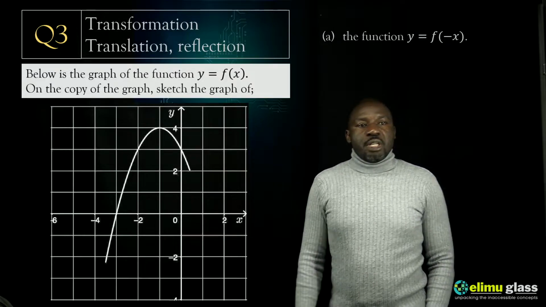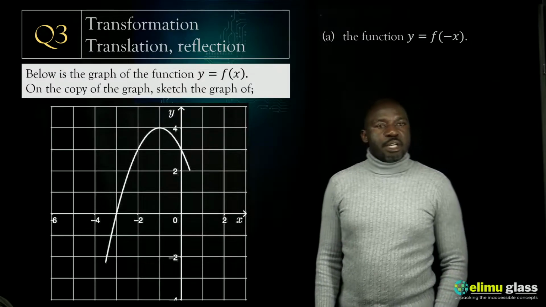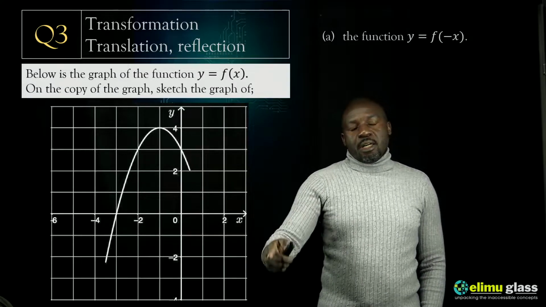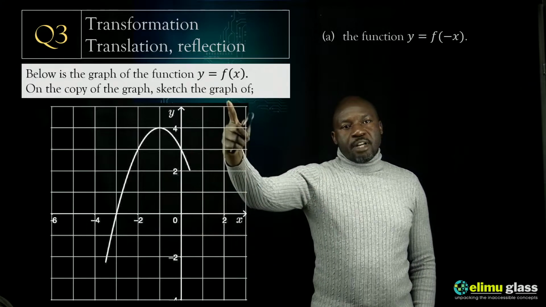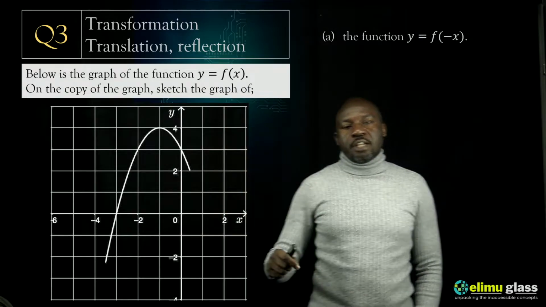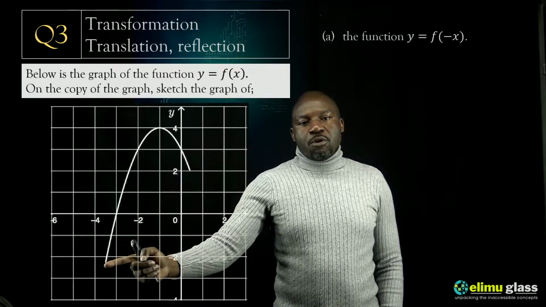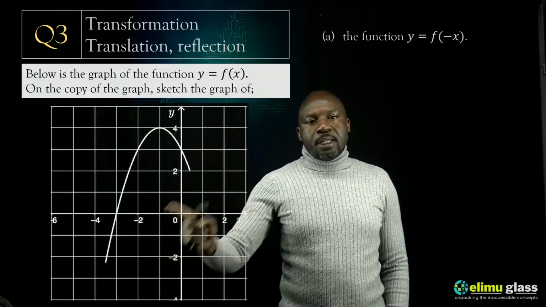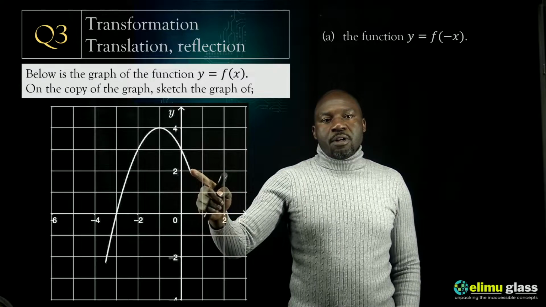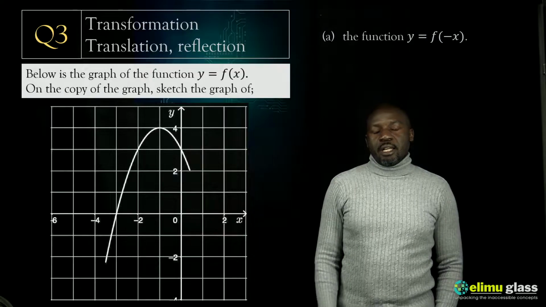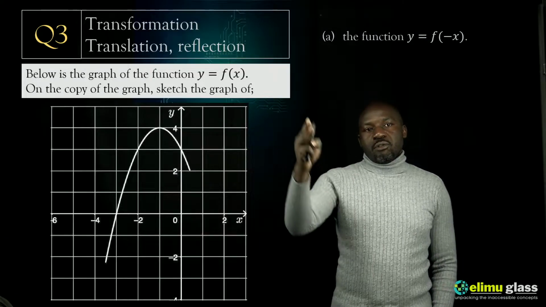But how do we actually do this for the IB? If we are answering this question for the IB, the best thing to do is to create the coordinate set for f of x for a few points whose coordinates you know. The endpoints must be included in the coordinate set that you prepare, the last point on this side and the last point on that side, which you can approximate.